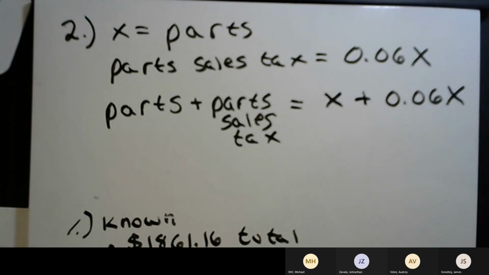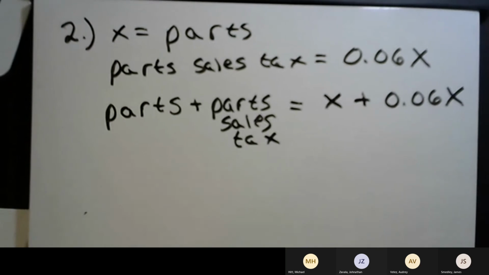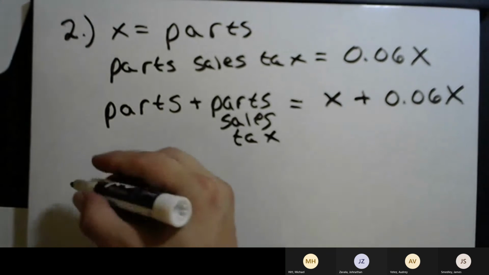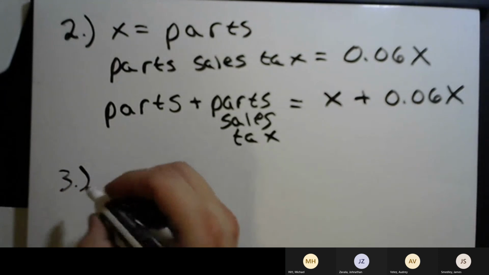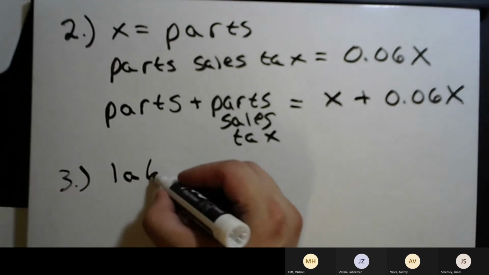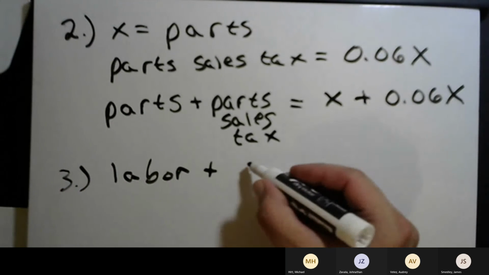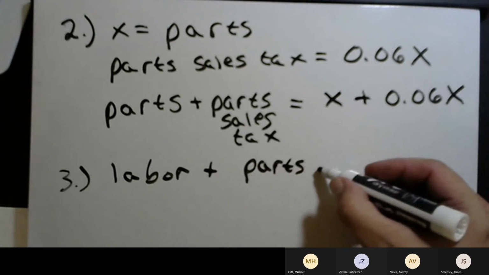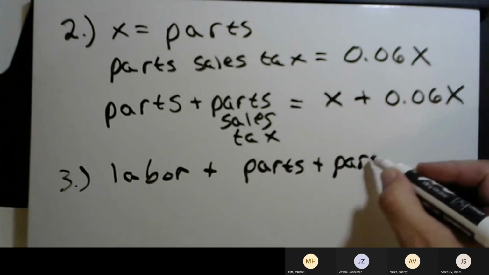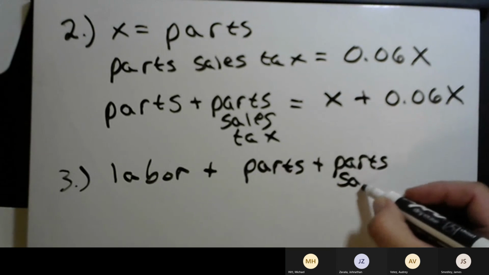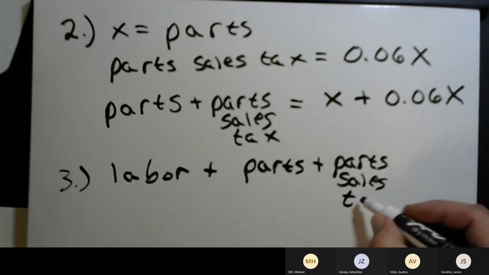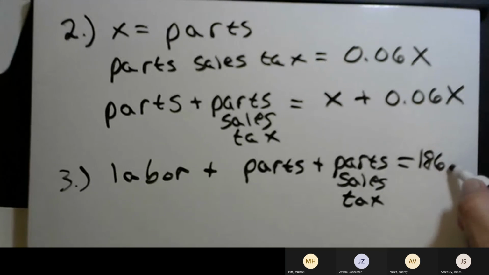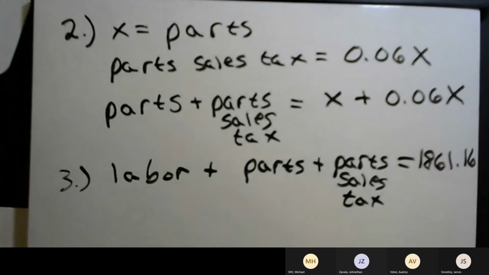Now, let's come up with an equation. We're told labor plus the parts and parts sales tax, well, the total was 1861.16.